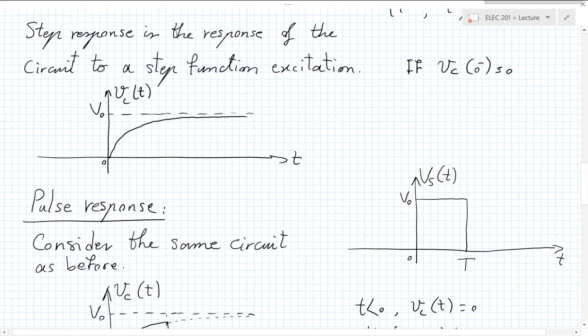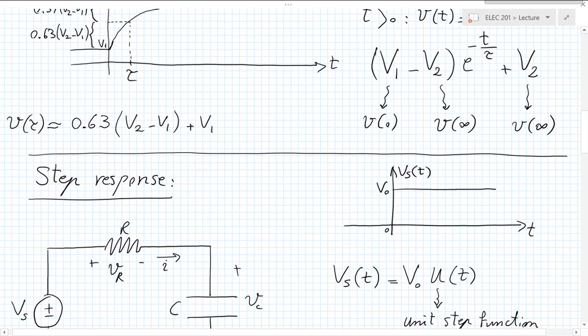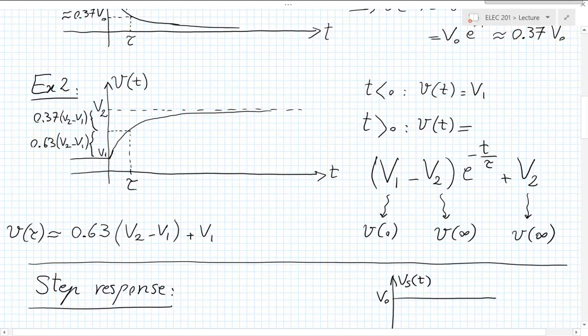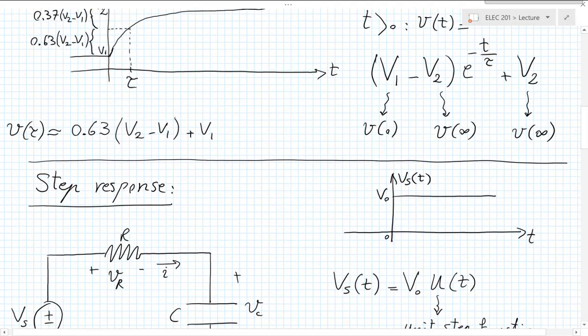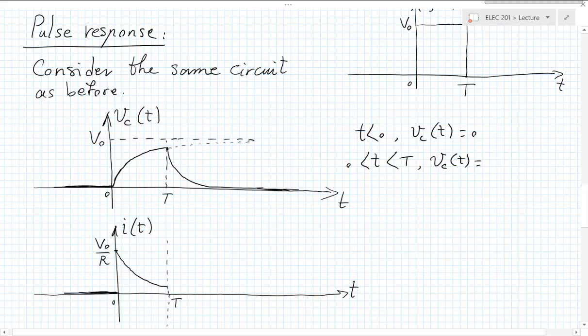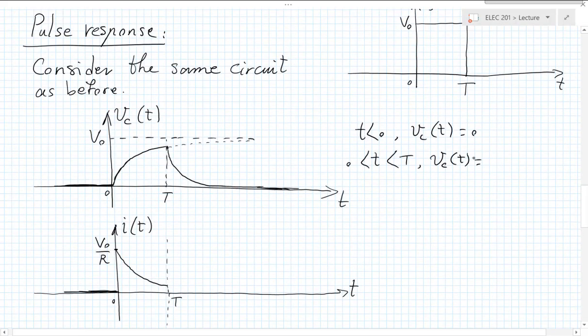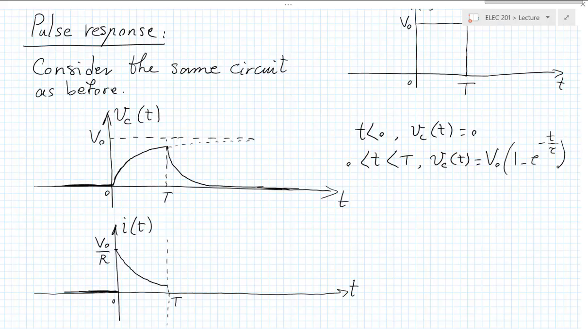So it's what we had up here, except that in this case, V1 is 0, and V2 is V0. So it's V0 minus V0 e to the minus t over tau. That's going on until time capital T.